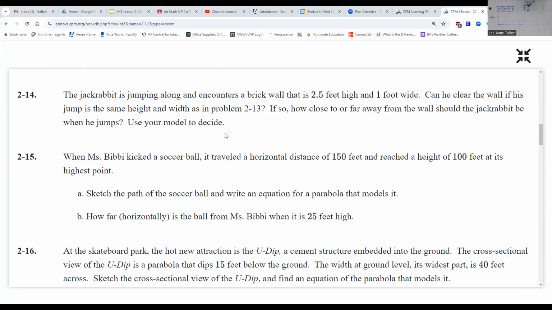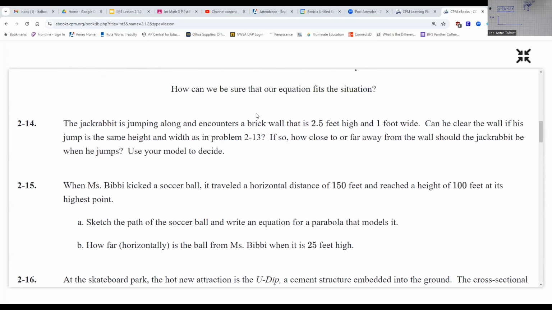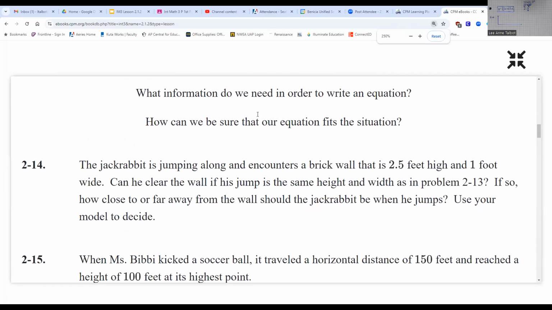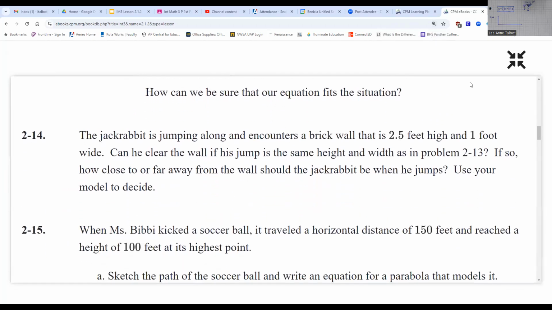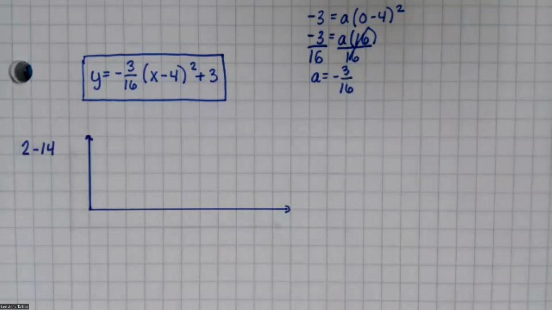Okay, so we're going to use our equation from number 13, but we have to see if he's going to hit this wall. It's 2.5 feet high and 1 foot wide. So we have to make sure that we sketch that properly. The hardest thing about this really is the picture. Okay.